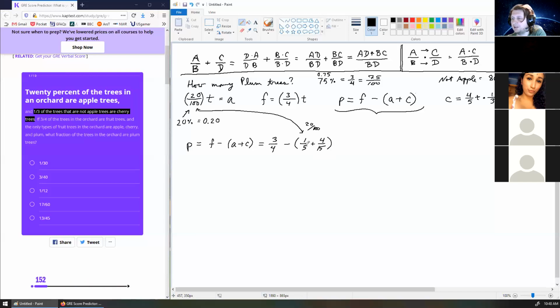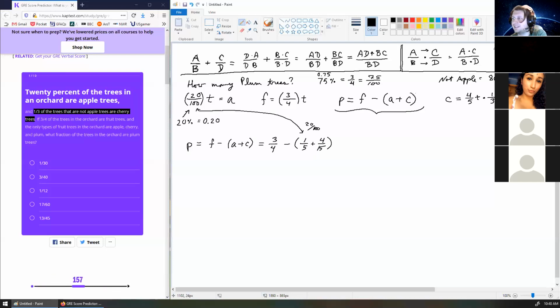Okay, so the first thing we need to do is add these two together, because what's our order of operations? Parentheses is the first thing we do, right? Everyone familiar with PEMDAS?